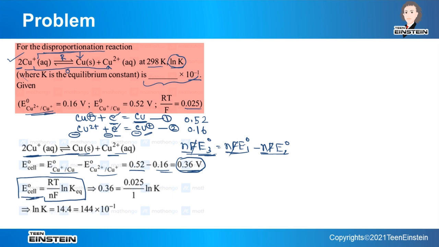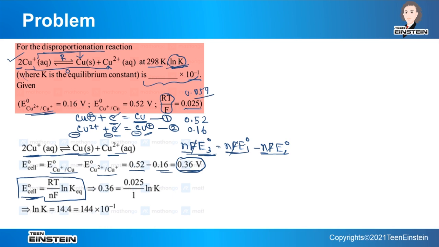RT value is given, and see, when you multiply 2.303 with RT by F, then we get 0.059. But here, as it is asking ln K, be very careful, it is asking ln K, it is not asking log K. So this value you don't have to use.